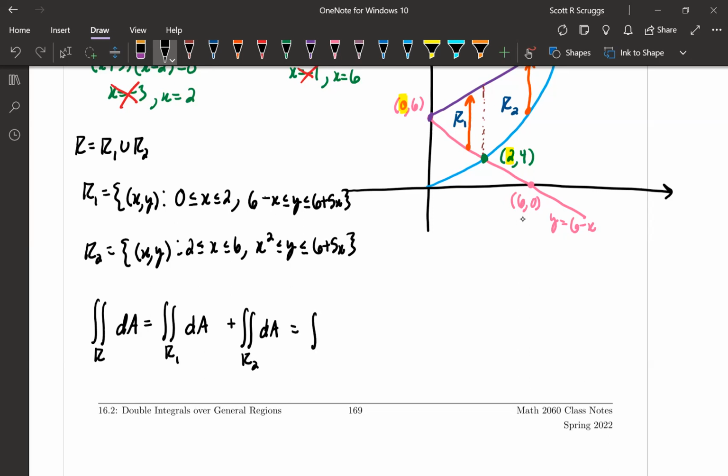Rewriting R1, x is going from 0 to 2, y is going from 6 minus x to 6 plus 5x of dy dx. For R2, x is going from 2 to 6, y is going from x squared to 6 plus 5x.